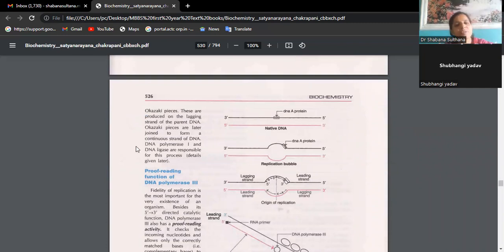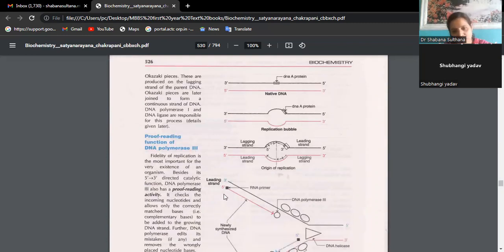These are produced on the lagging strand of parent DNA. Leading is the one which is coming from the parent, and the one which is newly synthesized is nothing but the lagging strand. So here you are finding pieces. Okay. So Okazaki pieces are later joined to form a continuous strand.